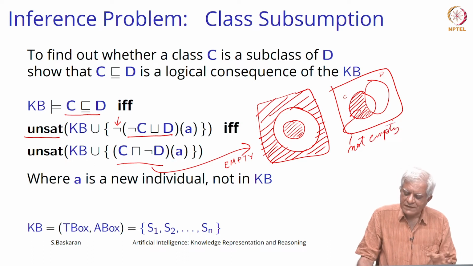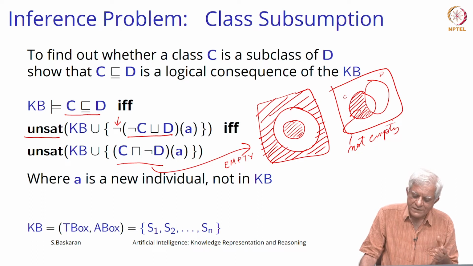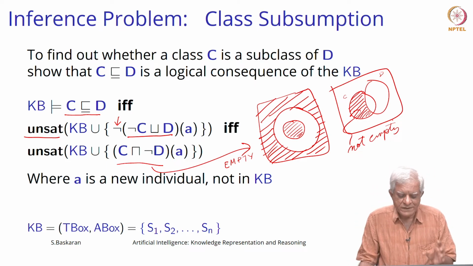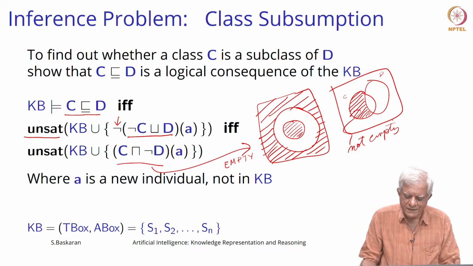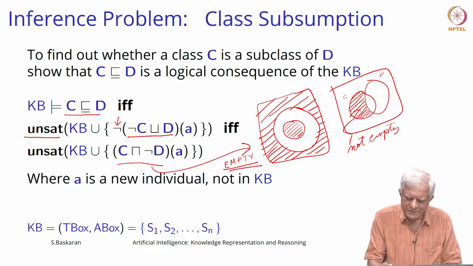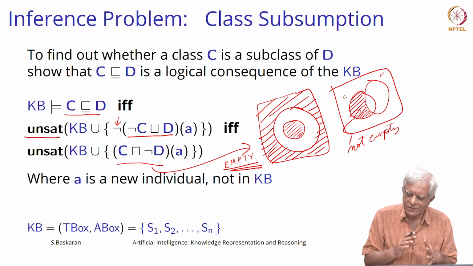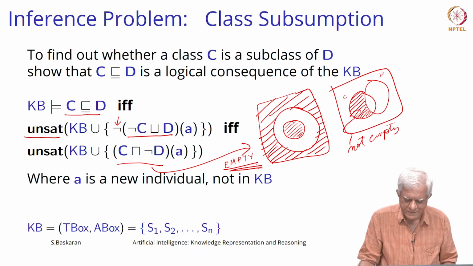So, if C is not subsumed by D, then C intersection not D would be satisfiable, because it is not an empty set and an element may exist in that. Whereas, if C is subsumed by D, then what we will get is an empty set, and there is nothing that can be in an empty set. So, that is not going to be satisfiable. So, that will be unsatisfiable.